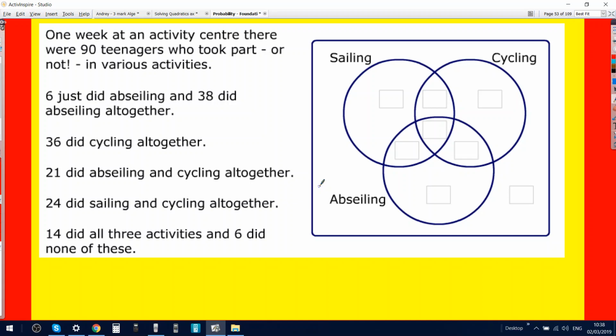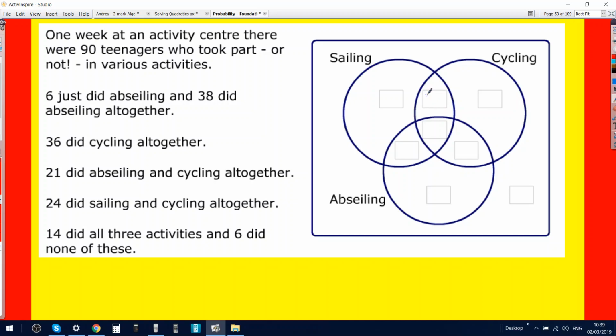That 21 would be... I'm sorry, middle circles. Abseiling and cycling. So where it says 20 abseiling and cycling together, where the cycling and abseiling meet together, I'll explain it.